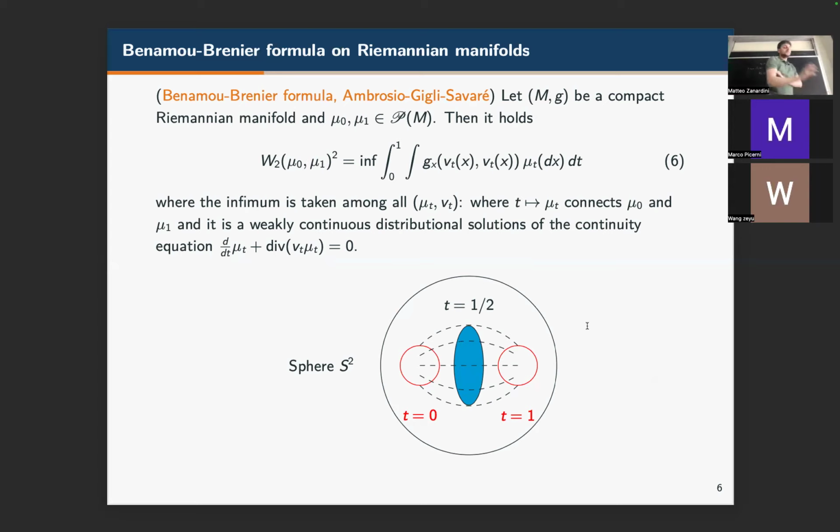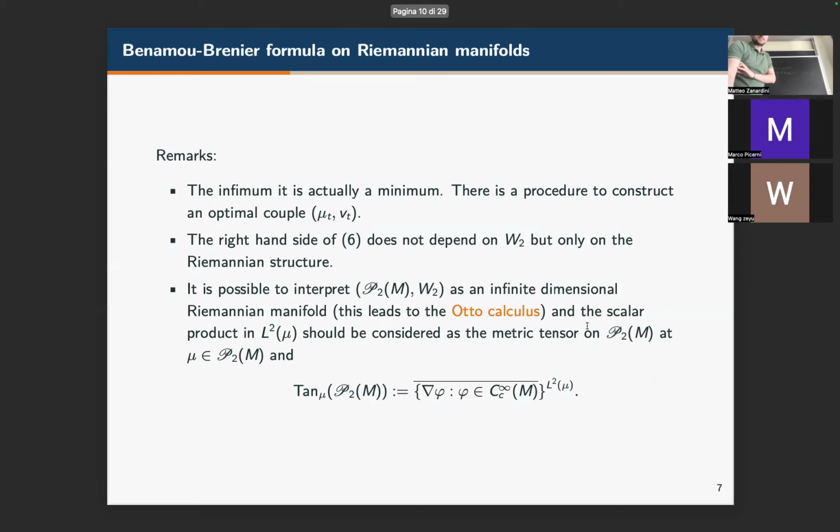And so a possible interpretation is precisely to say that P2(M), endowed with this Wasserstein distance, is an infinite-dimensional Riemannian manifold. This is the so-called Otto calculus. The scalar product in L2 of a given measure mu should be considered as the metric tensor in this space.